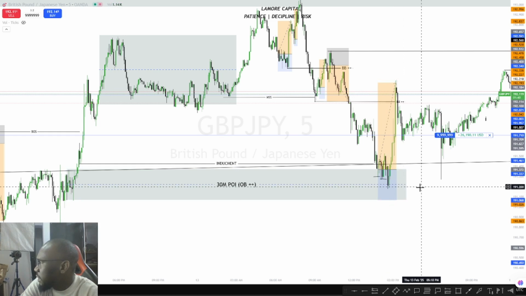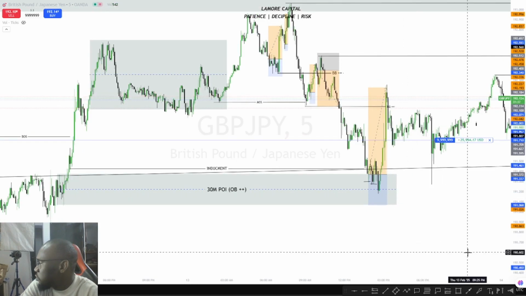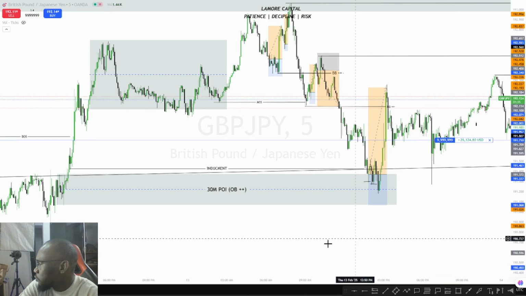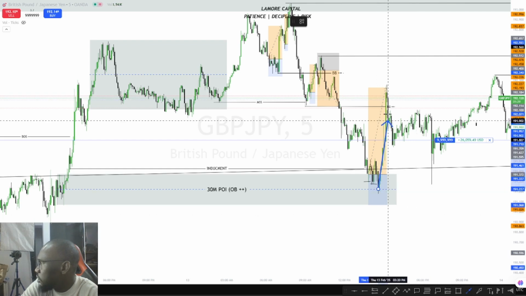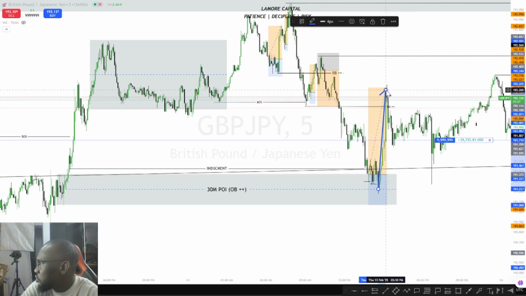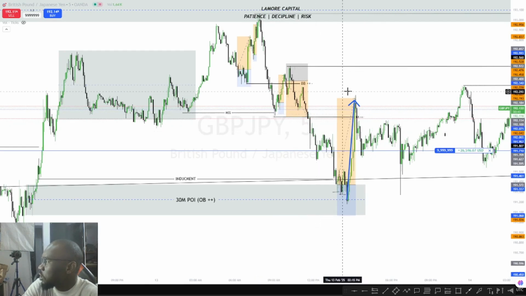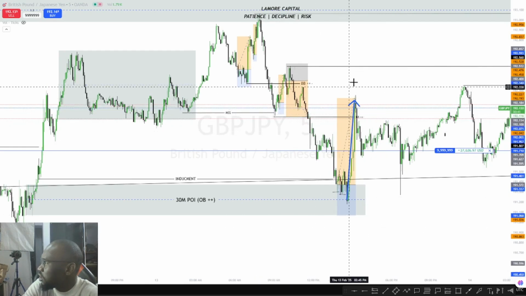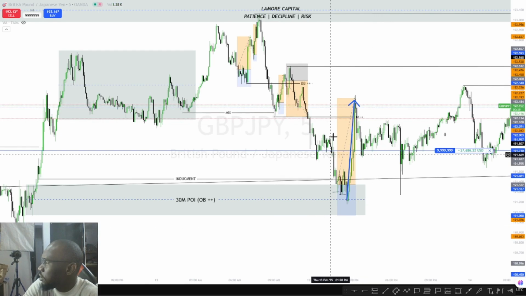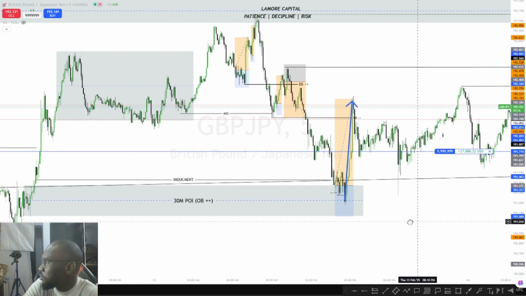I rallied the market from here to this zone. So that's how I actually caught this sniper entry, sweet GBP USD sniper entry. That's how I caught this trade.